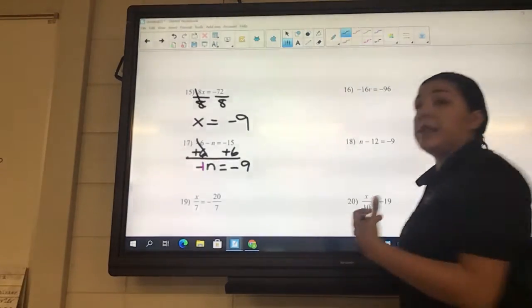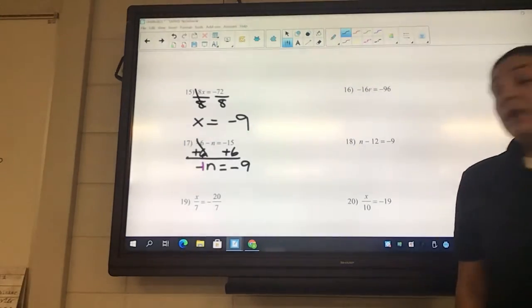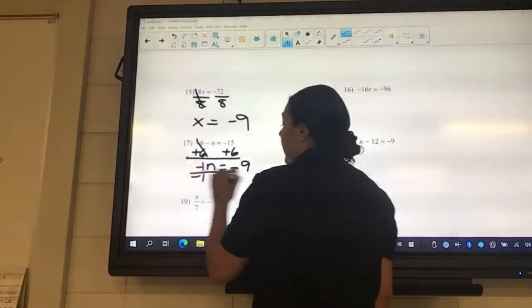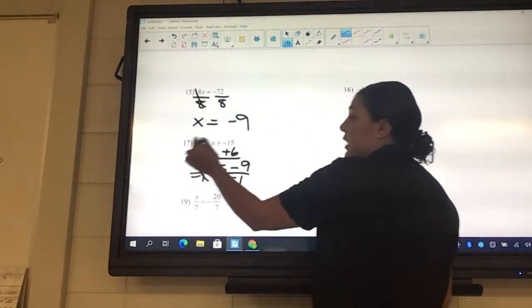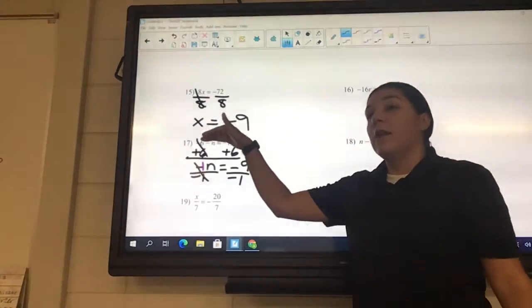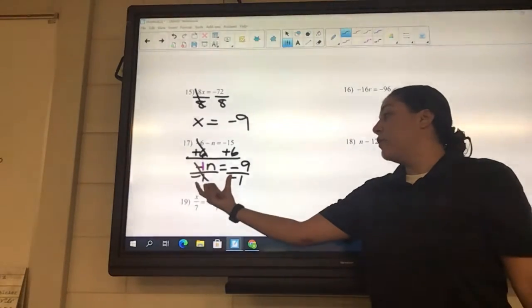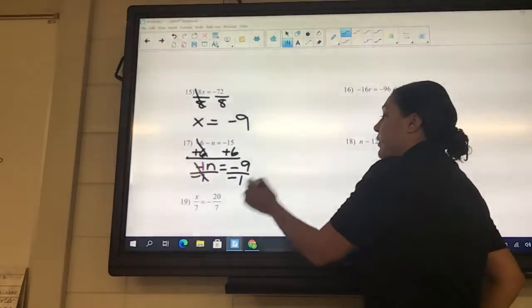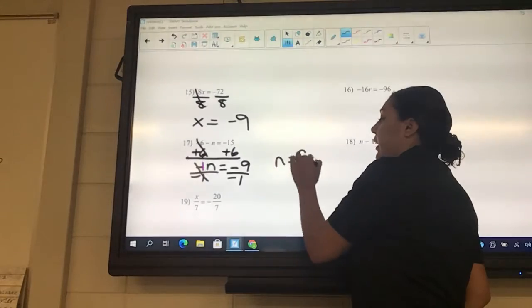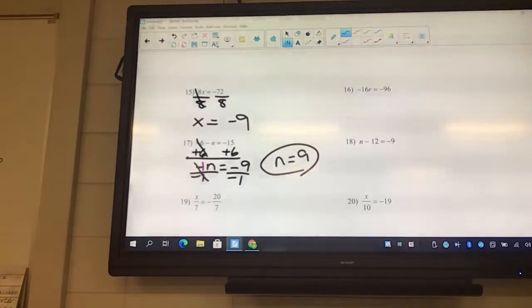So your next step would be to divide by negative 1. This is a two-step problem. Our first step was to add 6. Our second step was to divide by negative 1. And so you're going to end up with n equals 9. That's what we'll be doing tomorrow: two-step problems.